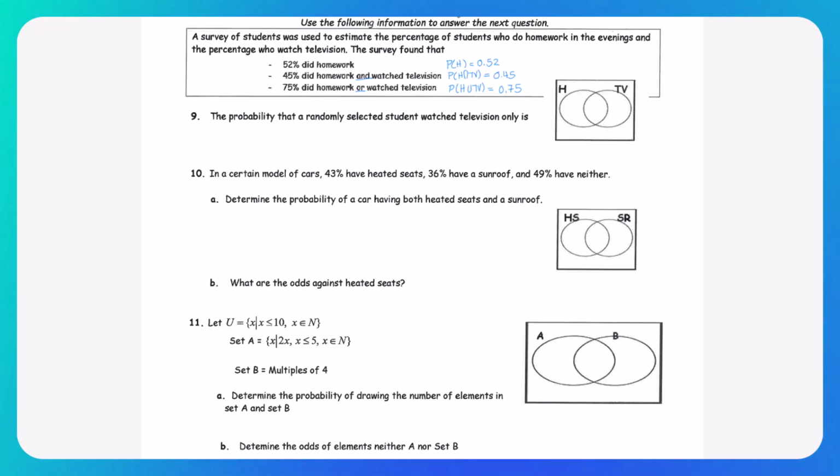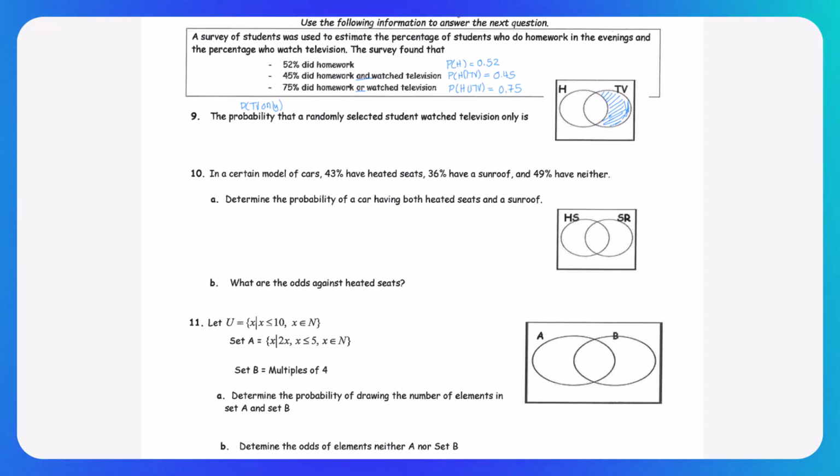We want to know what is the probability that a randomly selected student watches TV only. So what is the probability of TV only? We need to know how many students fall in this only TV area here. So we need to kind of figure that out.